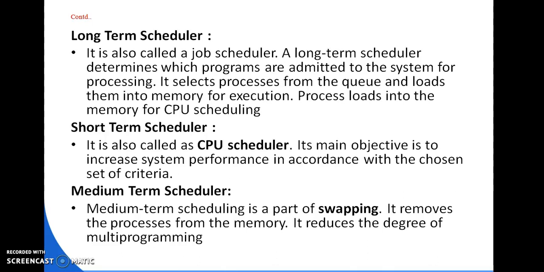It is used for switching the system from one state to another, like new to ready, ready to running, running to waiting, waiting to ready, and running to execution. All these things are controlled by the short-term scheduler. And the medium-term scheduler works for the swapping process, where it removes the process from memory and reduces the degree of multiprogramming.